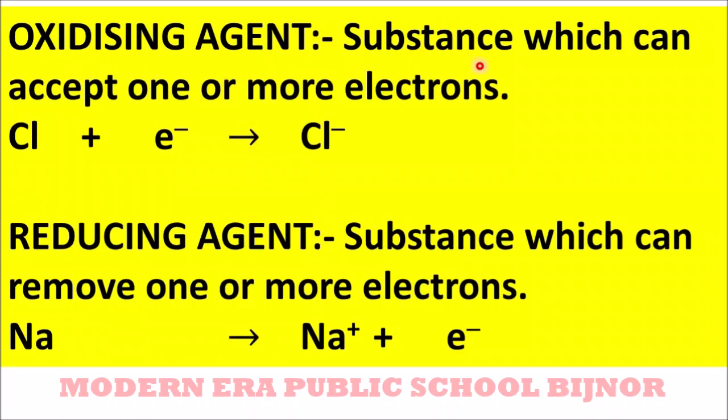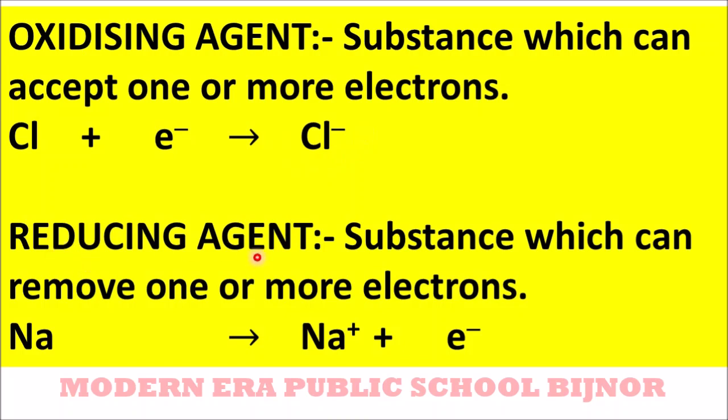Oxidizing agent: the substance which can accept one or more electrons is said to be the oxidizing agent. Oxidizing agent means acceptor of electrons. For example, a chlorine atom, when it accepts one electron, becomes a chloride ion. So it is said to be the oxidizing agent because it is gaining the electrons.